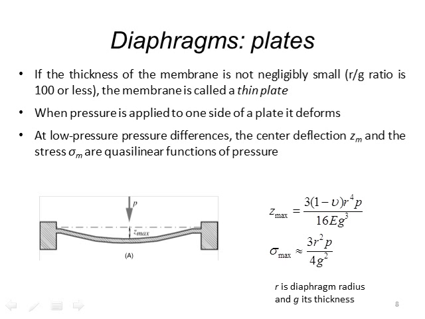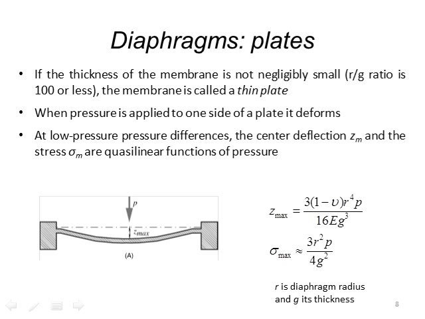Now, when pressure is applied to one side of the plate, as we had in the membranes, then it deforms. At low pressure differences, the center deflection and the stress in the plate are also quasi-linear functions of pressure. However, now we have to include material properties because the plate is a bit thicker than the membrane case.